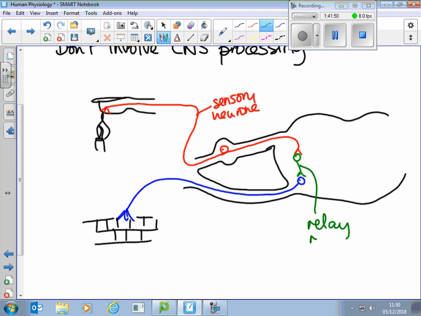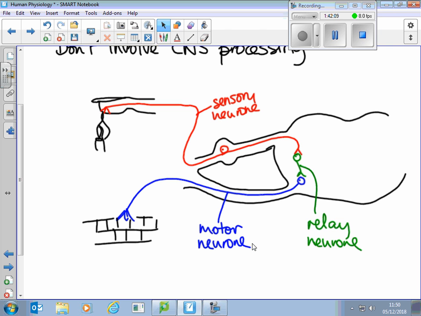All you've got is these three neurons and your motor neuron here, and that is it. And that's all that's required for you to do that.